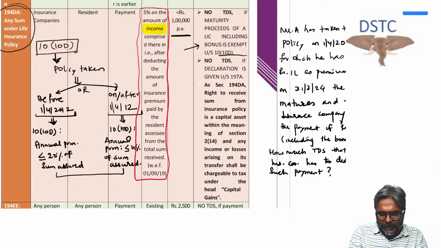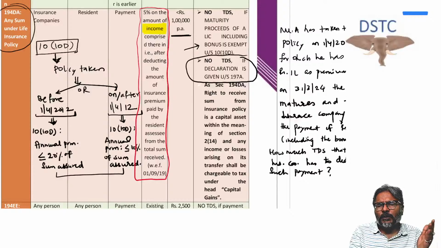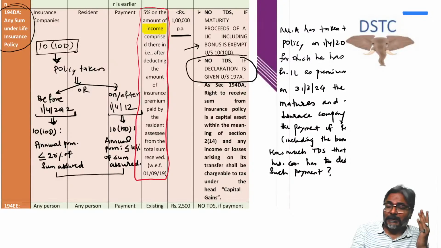Now, students, no TDS if the declaration is given. This is something which I told you in the last lecture. The declaration you have to obtain. What is the declaration? Who has to obtain? The payee has to obtain. In that case, the income which I will receive from this particular insurance amount does not exceed the threshold limit, the basic exemption limit.